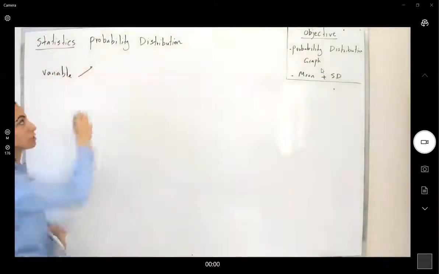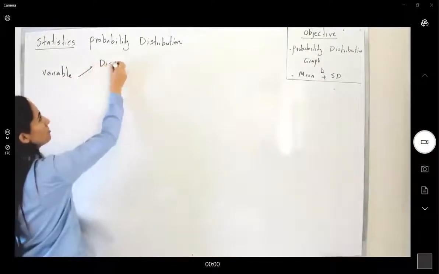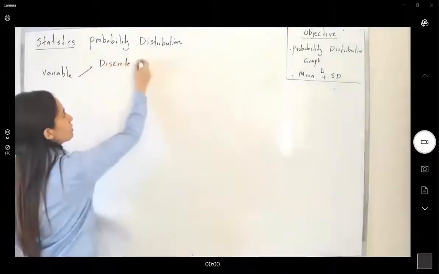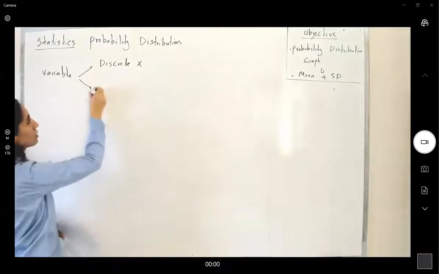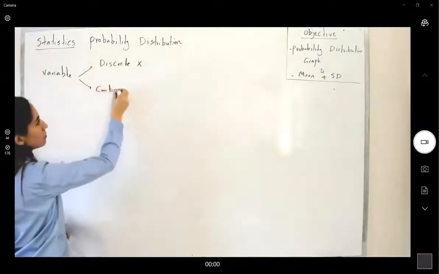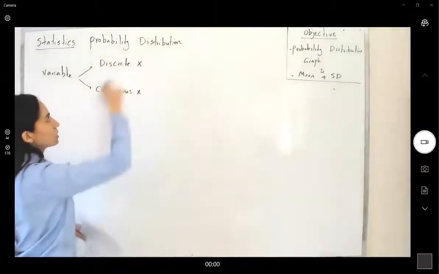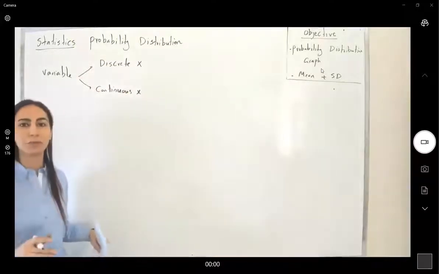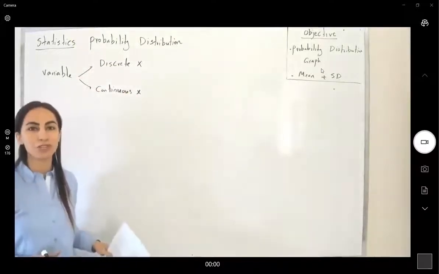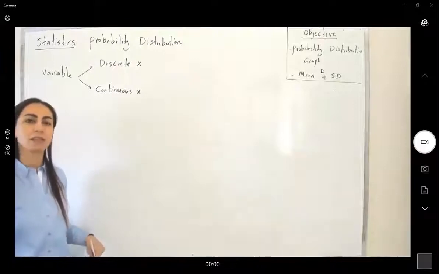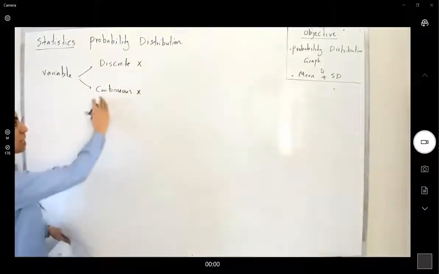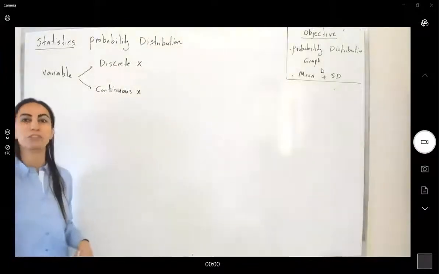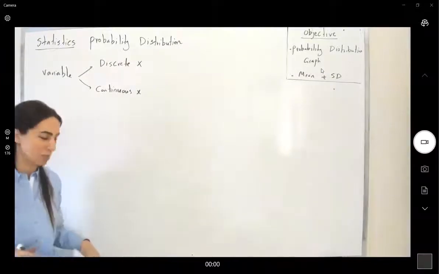The first one is discrete variable, countable, discrete variable x, and the other one is continuous. First, we're going to discuss discrete variable and probability distribution for discrete variable x. Then in a later chapter, we're going to talk about probability distribution for a continuous variable.